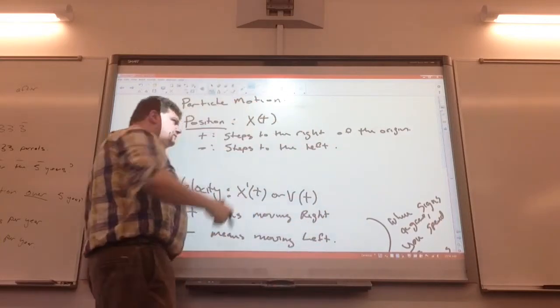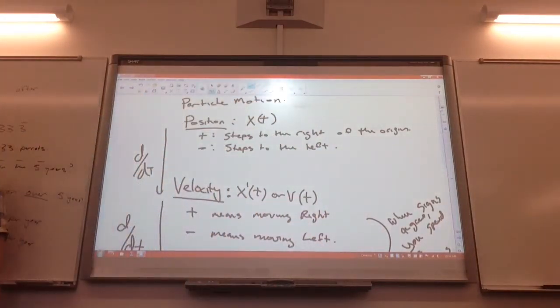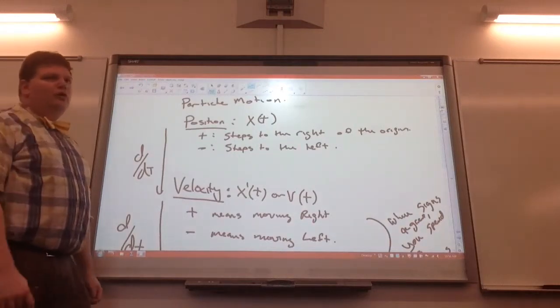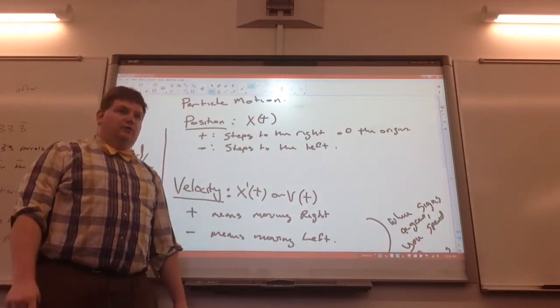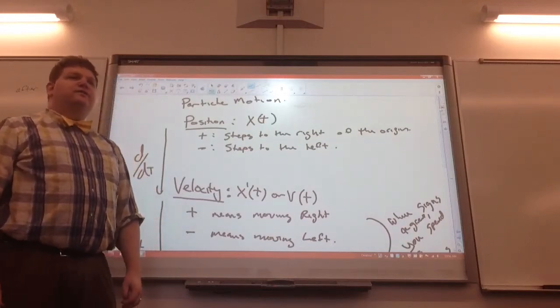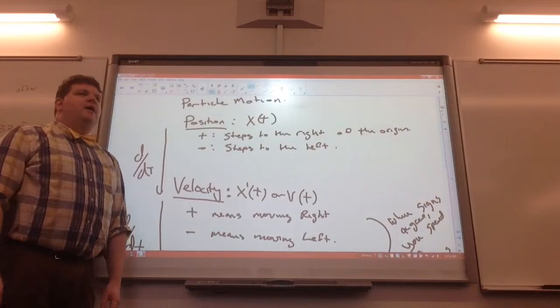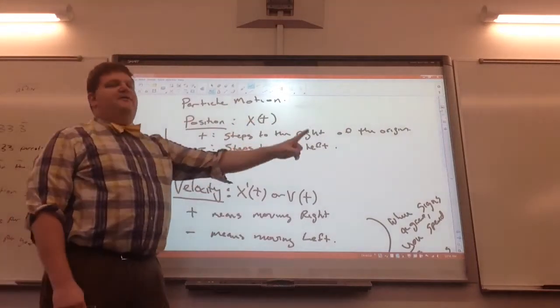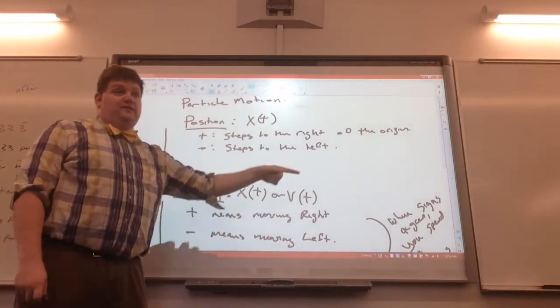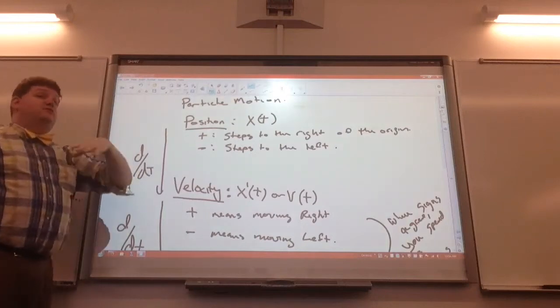The other big thing with position is you'll often be asked for a total distance traveled. Now, total distance traveled is basically the sum of how far to the left and how far to the right I've moved in various ways. Basically, it's an absolute measurement.